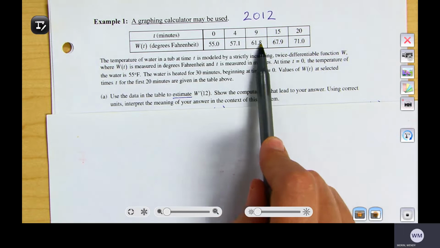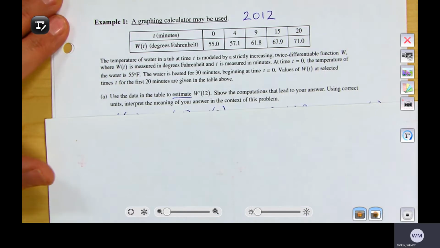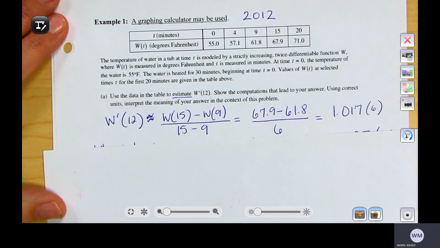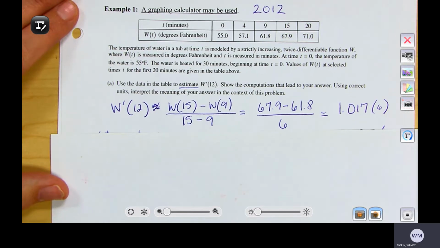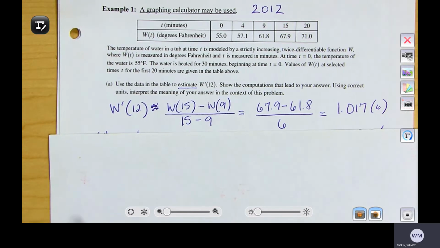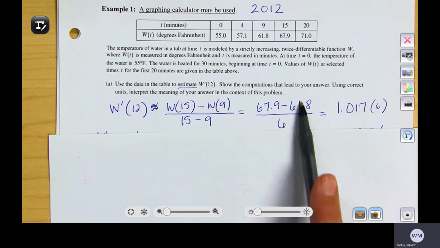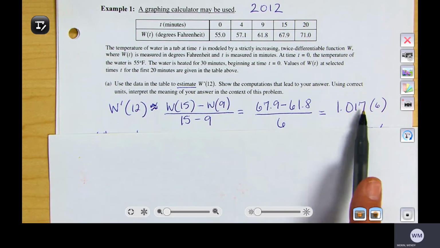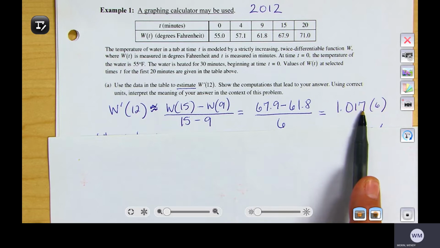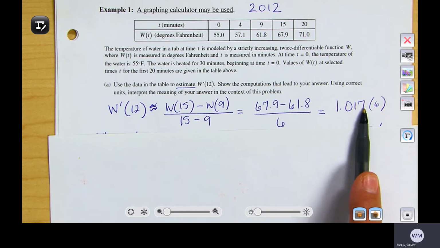So it's just change in y's over change in x's. This is a calculator problem. If you go to 3 decimal places and round, it would be a 7. If you truncate your answer, this would be a 6. Both are acceptable.